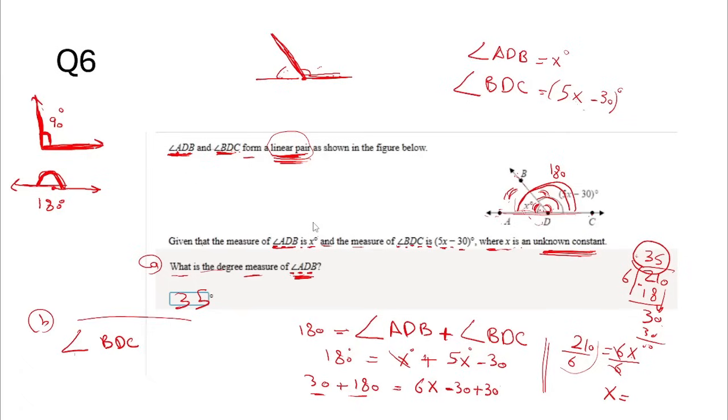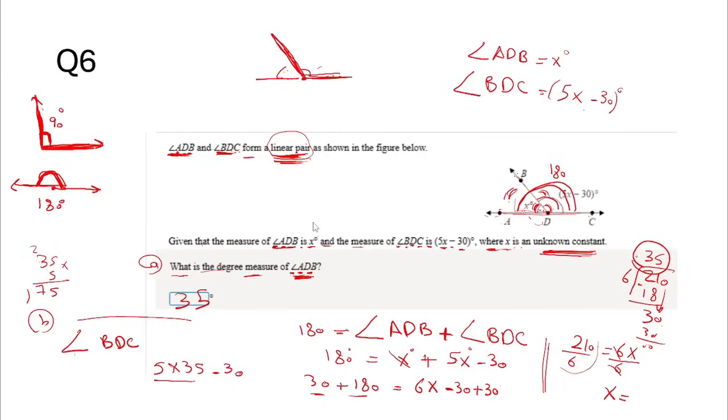Now I will say the measure will be 5x, and x is 35, so multiply 35 by 5, minus 30. 5 times 5 is 25, 5 times 3 is 15, so it would be 175.